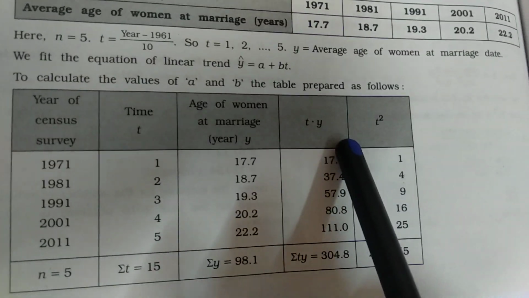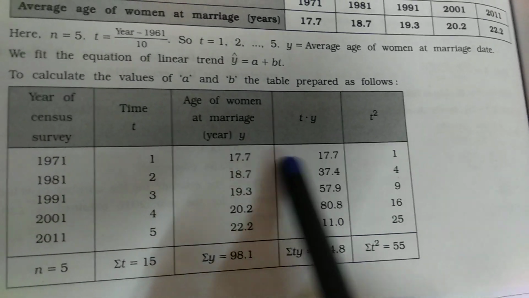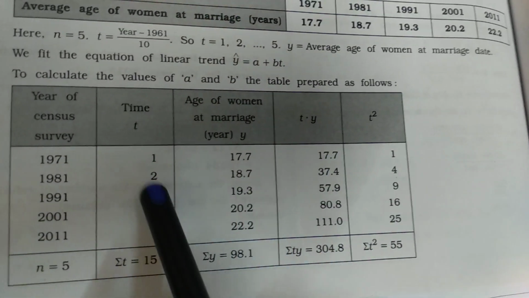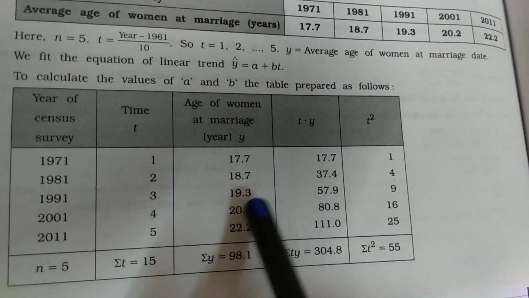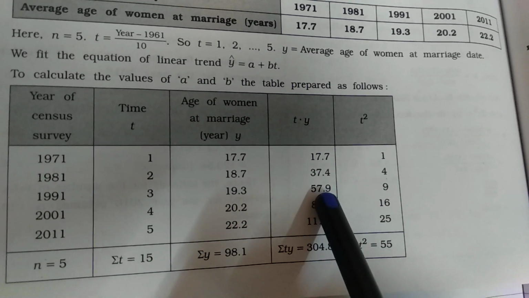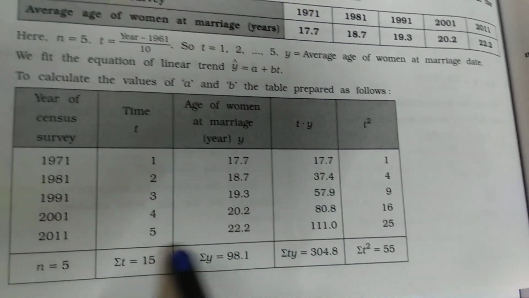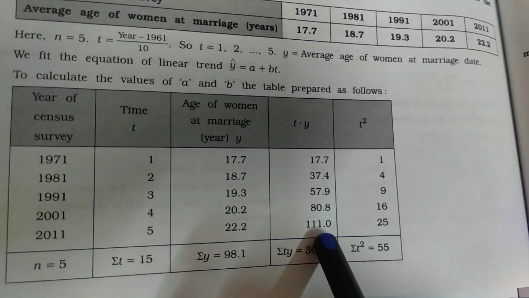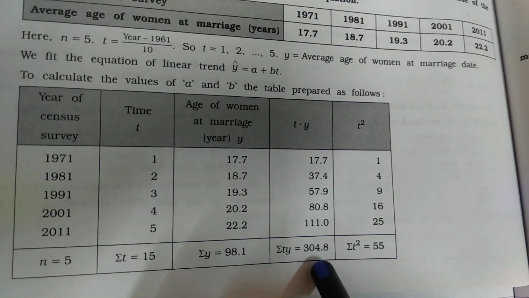Ty is t multiplied by y. So 1 multiply 17.7, answer is 17.7. 2 multiply 18.7, 37.4. 3 multiply 19.3, 57.9. 4 multiply 20.2, 80.8. 5 multiply 22.2, 111. So total sigma ty is 304.8.